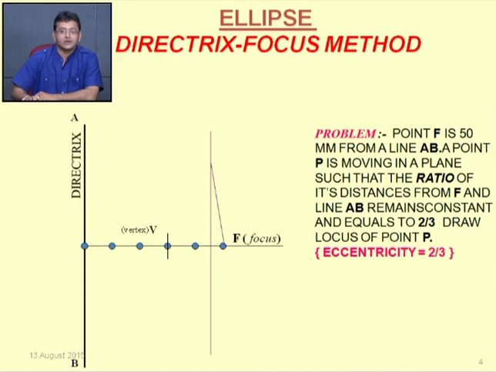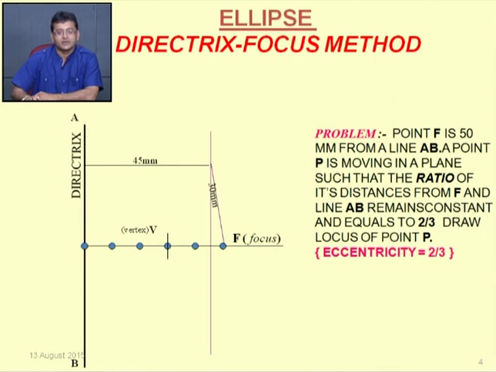So draw a vertical line at 45 mm distance, and from focus F take an arc of 30 mm so that this arc intersects the vertical line drawn at 45 mm from the directrix. So you get one point having the ratio of 30 by 45, equal to 2/3.